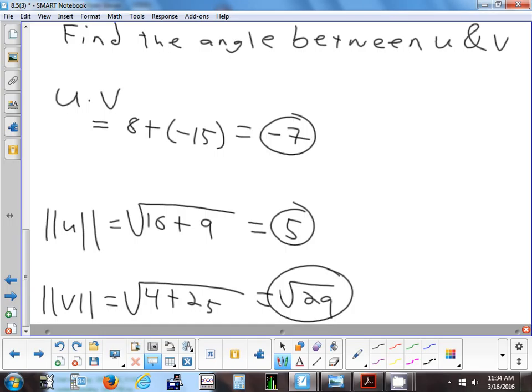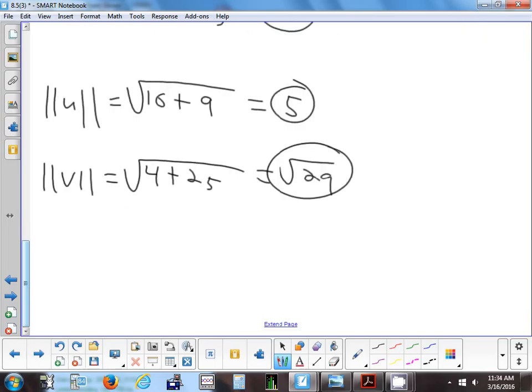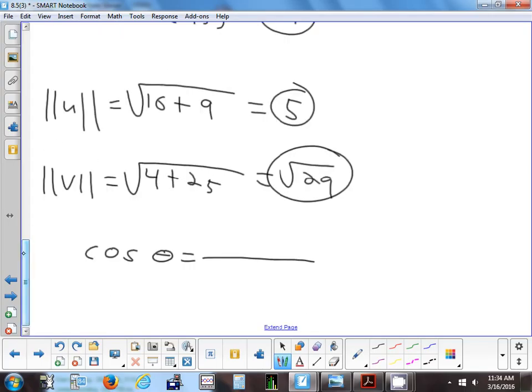Right, so fill that into the formula. And we get cosine theta equals negative 7 over 5 root 29. And now I don't want the cosine, I want theta.